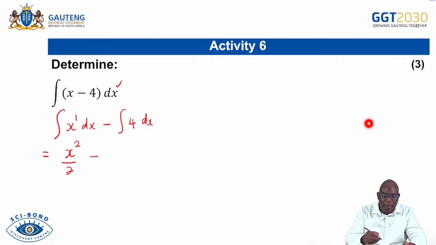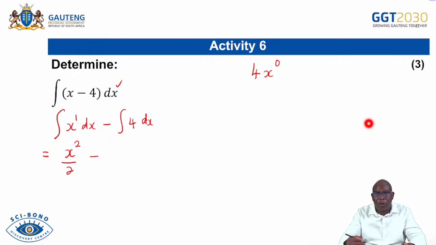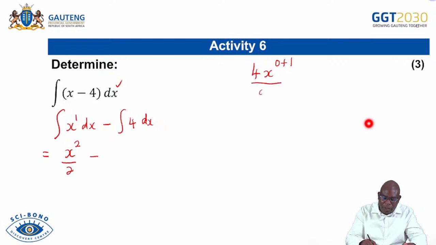When I integrate 4, remember 4 is 4x to the power of 0, because x to the power 0 is 1. So I'm going to add 1 to the exponent, and then divide by 0 plus 1, which gives me 4x to the power 1 divided by 1, which is 4x.